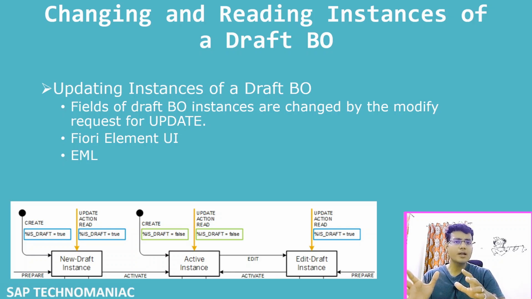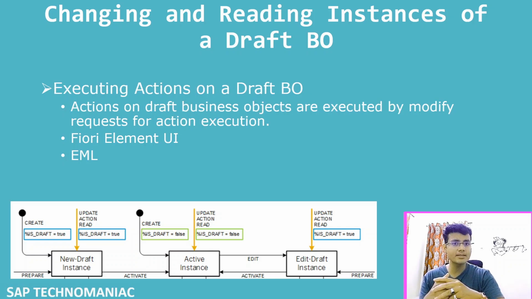Not only can we update the data using the update operation, we can perform the actions as well. It depends again. When we are working with the Fiori, if you selected the draft instance and then you click on an action button, either accept travel, reject travel, or any kind of action which you have defined on your screen, it will be executed on that particular draft.